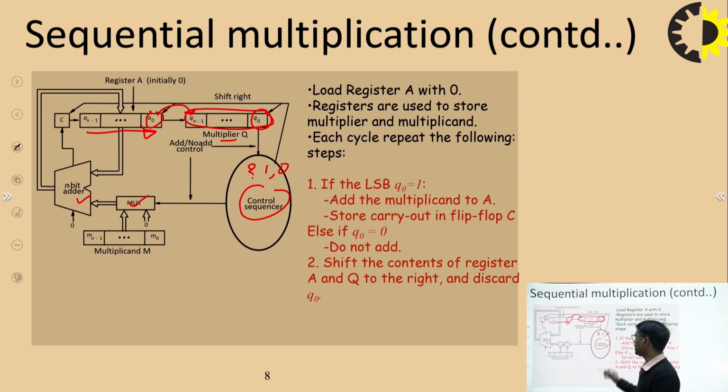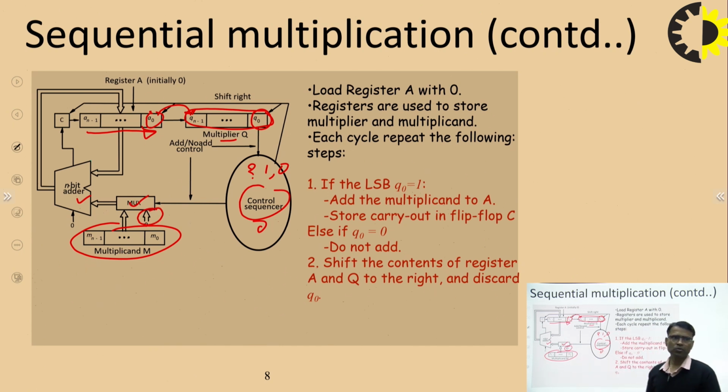If it is 1, the multiplexer is given a signal to choose the multiplicand, fine. If it is 0, the multiplexer selects the 0 value for the adder. So, based on the control sequencer's 1 or 0 bit, coming out of the multiplier register, it will pass on to the adder either the multiplicand or 0.